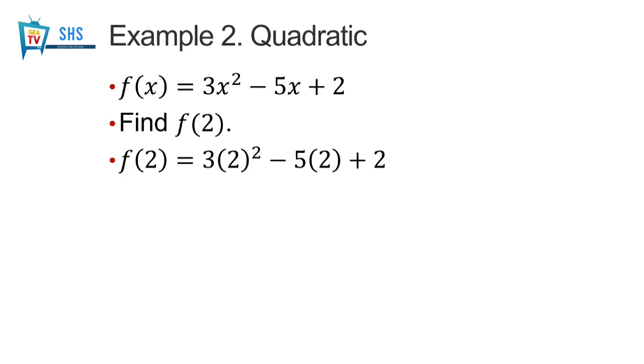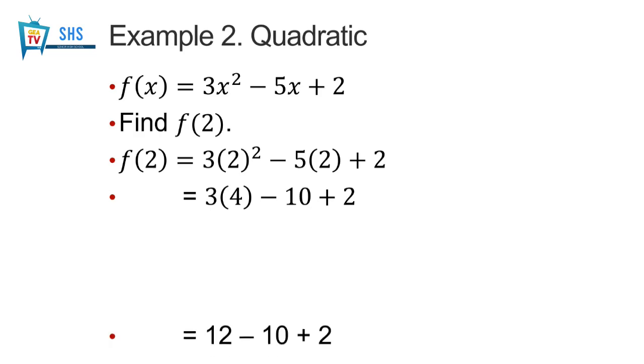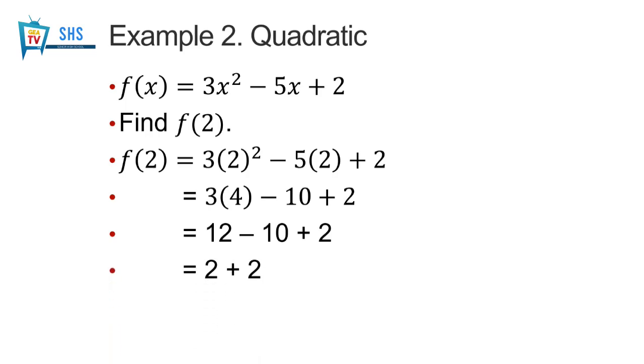Then we have the 5 times 2. So 2 squared is 4, then 4 times 3 is 12, and negative 5 times 2 is negative 10. Then we have to subtract 10 from 12 and add 2 to get 4. So f of 2 from 3x squared minus 5x plus 2 is equal to 4.